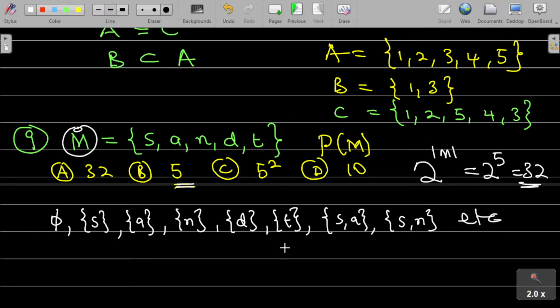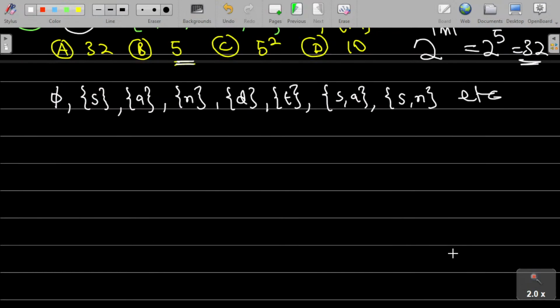I'm giving you the formula for calculating it. The cardinality of the power set, this is how we write it: cardinality of the power set is equal to 2 raised to the power of the cardinality of the set itself.